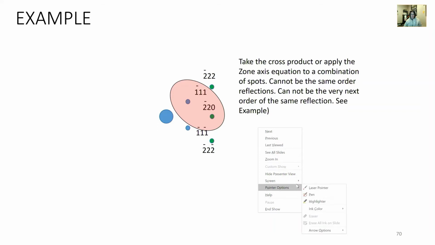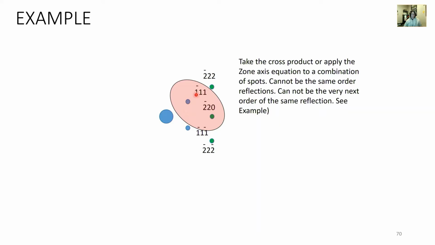And so if I pick 1, 1, 1 here, I can't use 1, 1, -1. And I also cannot use the very next order of the same spot. So if I pick 1, 1, 1 or -1, 1, 1, I can't pick -2, 2, 2.